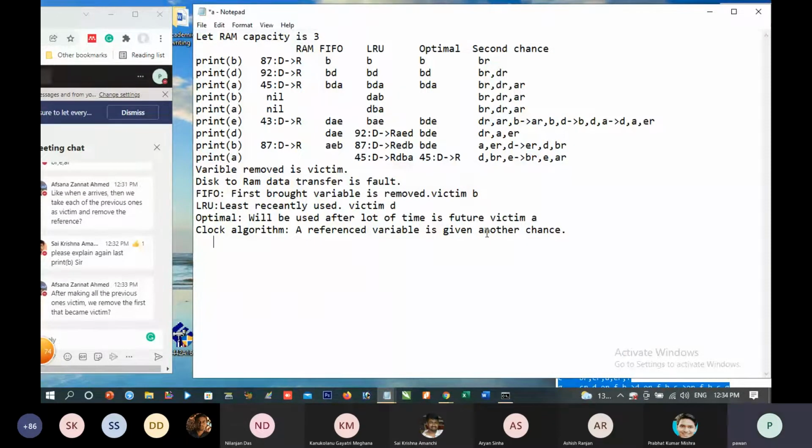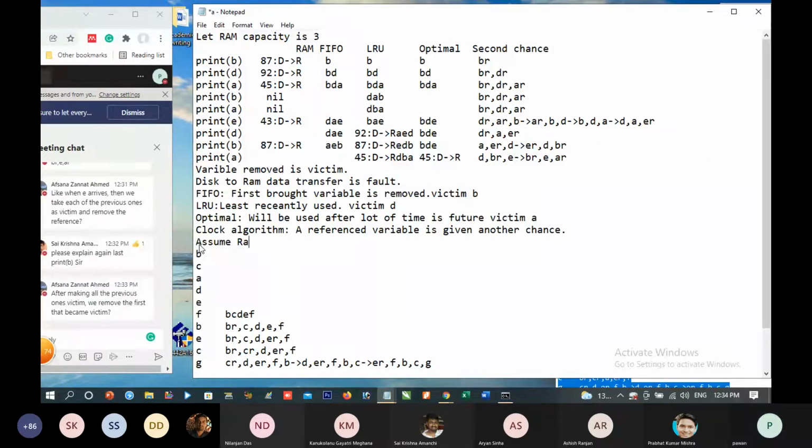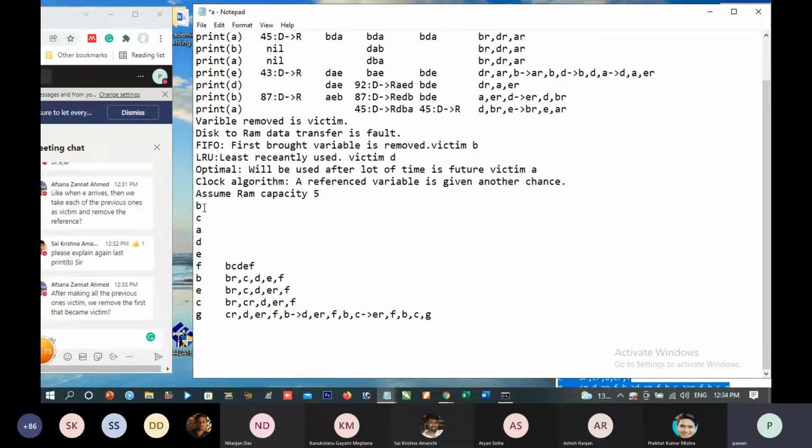Let us see this. We are assuming RAM capacity 5. We are referencing BCADE.